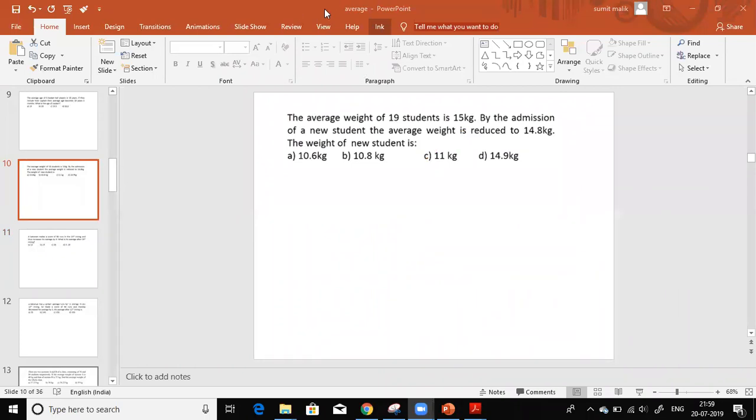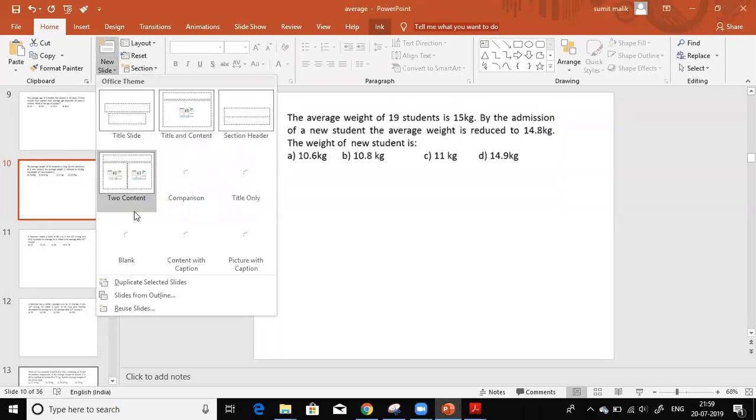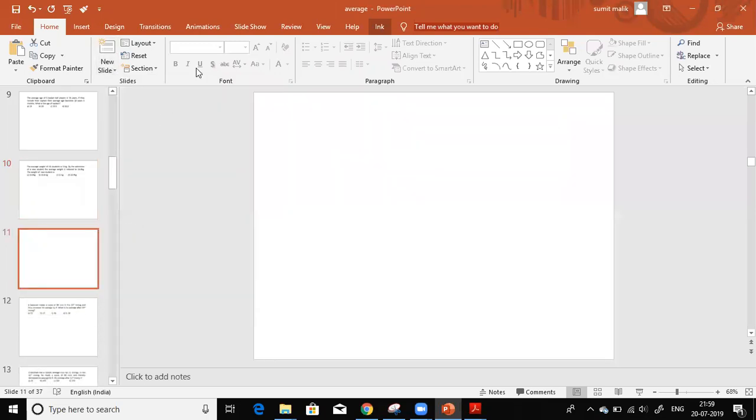Write down one question. The average weight of a class of 24 students is 35 kg.